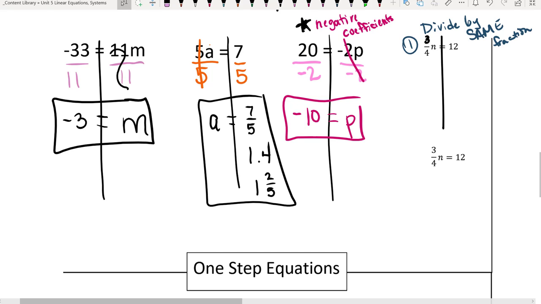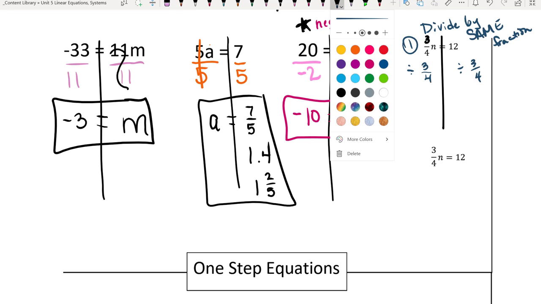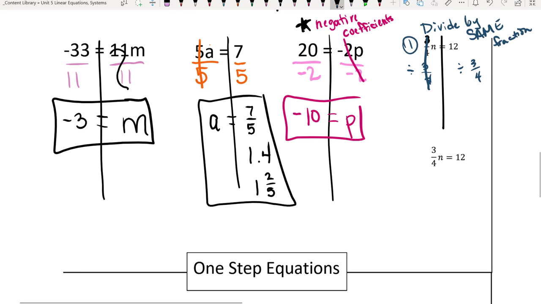So 3/4 is multiplying the variable n, so my option is to divide by the exact same thing. And then you can use your calculator to determine 3/4 divided by 3/4 is 1, and I'm left with a single n there. And then 12 divided by 3/4 is 16.